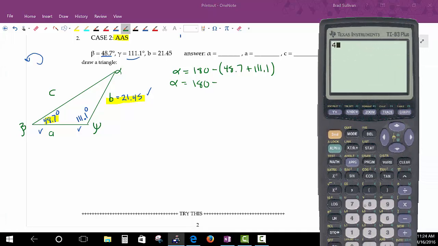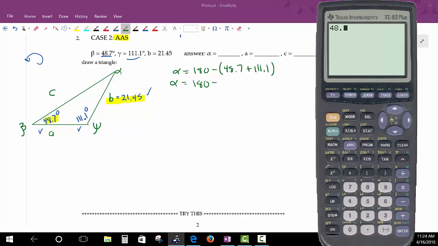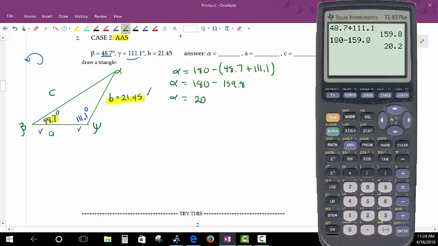So 48.7 plus 111.1 gives 159.8. And then I can subtract the sum of those two angles from 180 to get the leftover angle. So that's going to be 20.2 degrees.